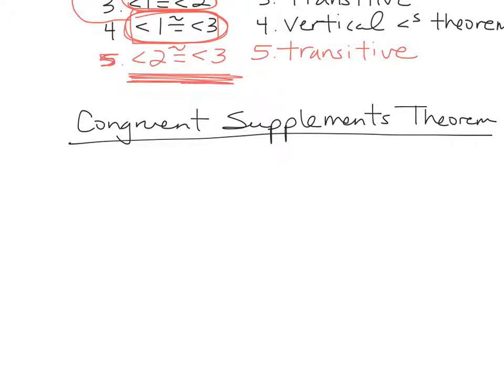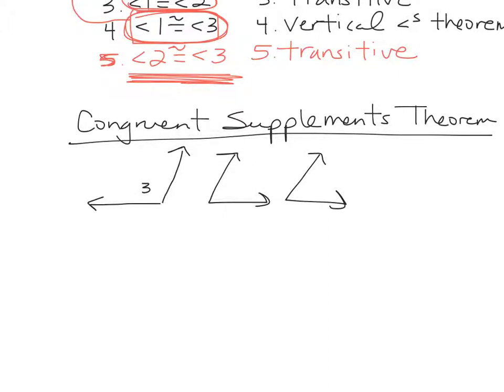But here's what it says: if two angles are supplements of congruent angles or the same angle, then they are congruent. Those two angles will be congruent. And I'm going to draw you a picture of this and show you in more numerical form what this is. If you want to write it out in words, you are welcome to do that. It's in the book, but I'm not going to write the words out. I'm just going to give you the pictures.